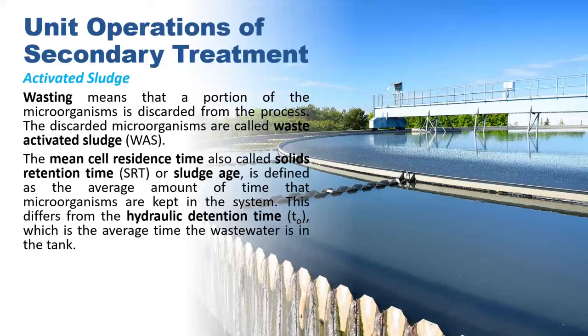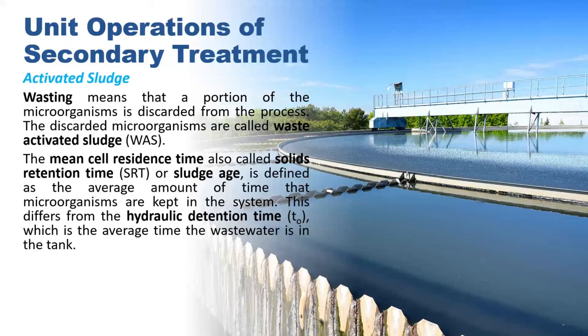If too little sludge is wasted, a large concentration of microorganisms will accumulate and ultimately overflow the secondary tank and flow into the receiving stream. So wasting means that a portion of the microorganisms is discarded from the process. The discarded microorganisms are called waste-activated sludge.